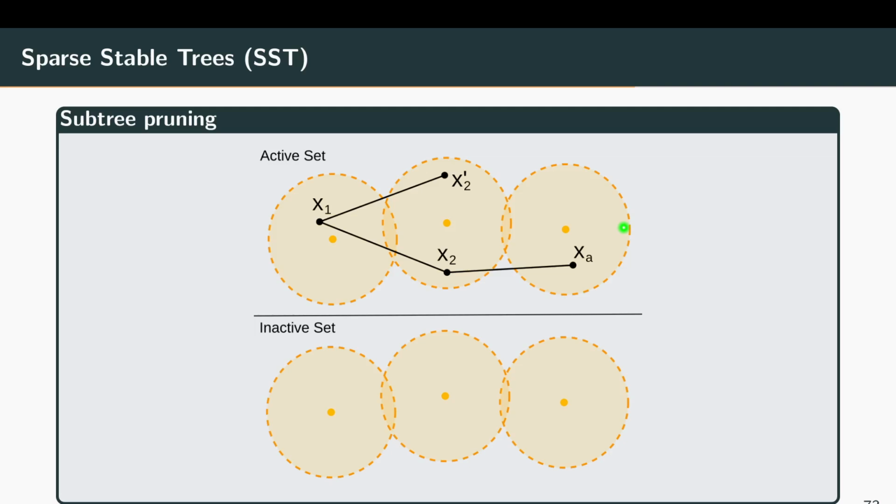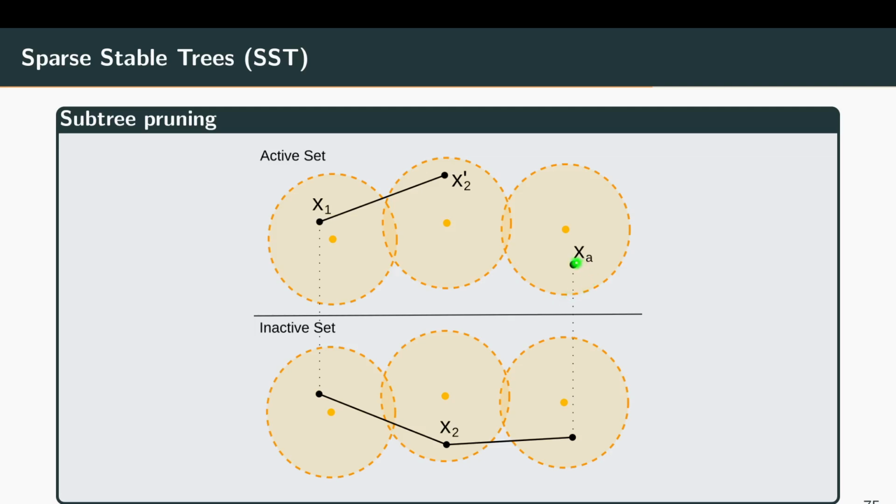But if it has a lower cost, then it's a potential problem. So what we do here is that we have this active set, and we also add this inactive set. Then we can mirror things over. Instead of really deleting x2 now, we just move x2 to our inactive set, and then remove it from our active set.